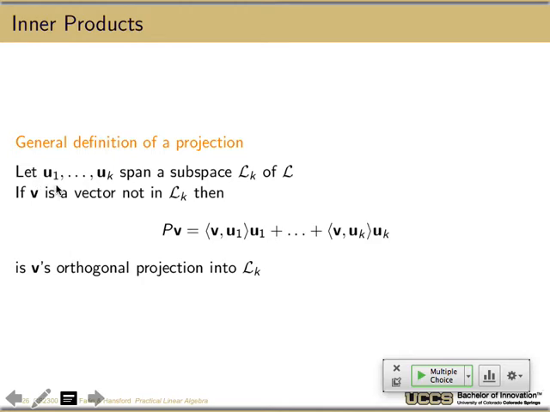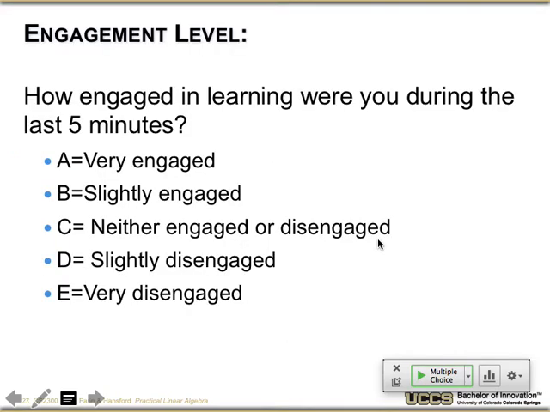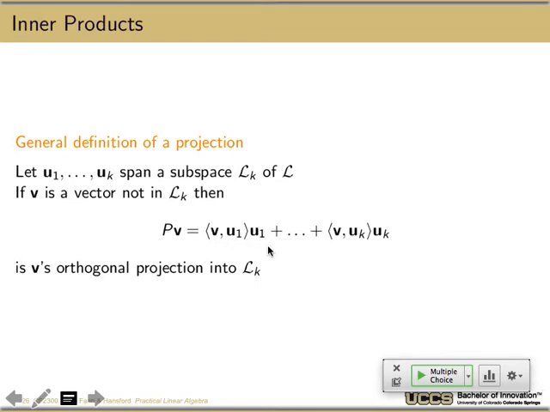So if I have a span U1 through UK, that are a subspace of my overall linear space, then if V is a vector not in that subspace, then I can do an orthonormal or orthogonal projection by doing the inner product of the vector V with each of the basis vectors, and that will give me a projection into the final space.